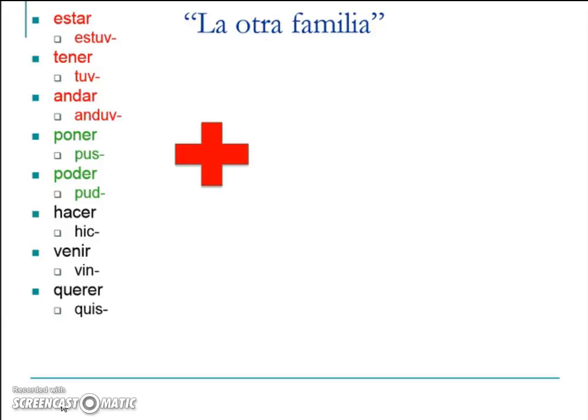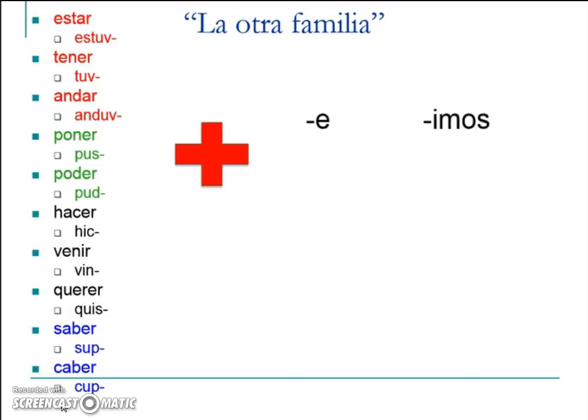So these stems stay all through the entire chart. And then the last two that I grouped together are saber and caber. They rhyme in the infinitive, and then they also rhyme in their preterite stem, sup and cup. So you just need to memorize those stems, and then you memorize the same six endings for all of these verbs.